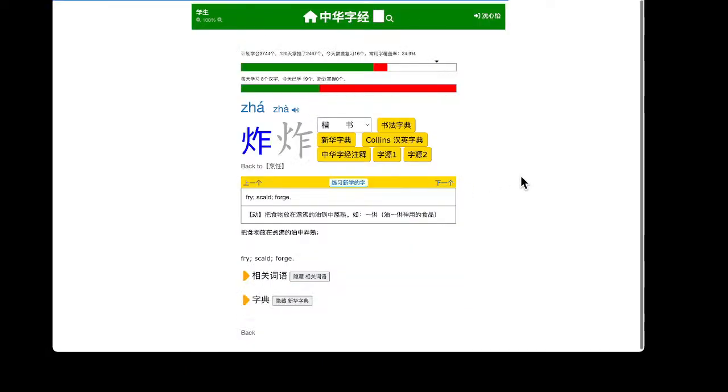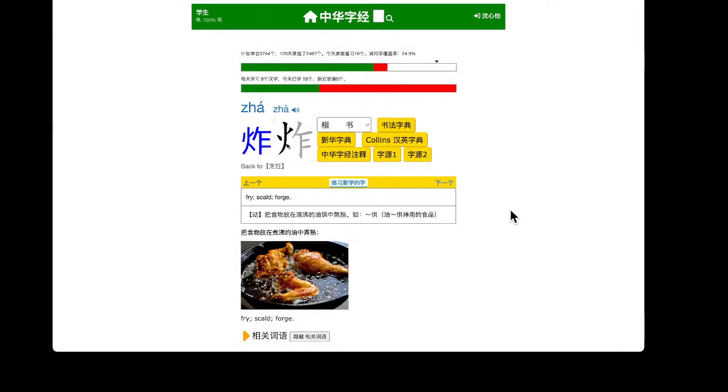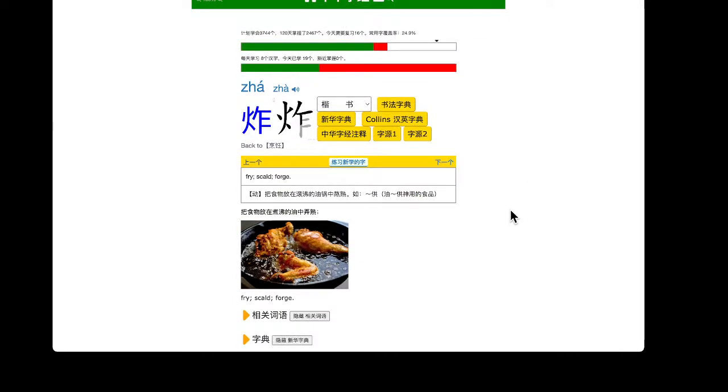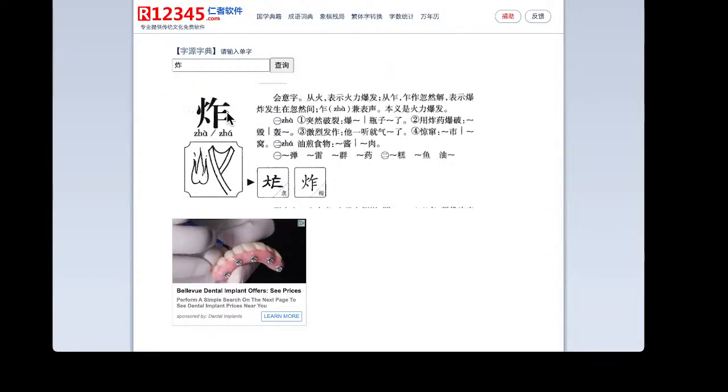Next one, 炸. 炸 means fry, scald, or forge. You heat oil until really hot, and then put the food in. So 炸. Let's take a look at it. Fire radical, right?